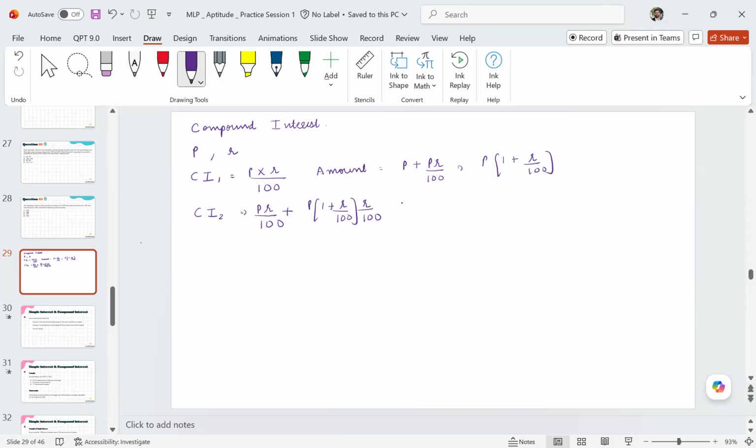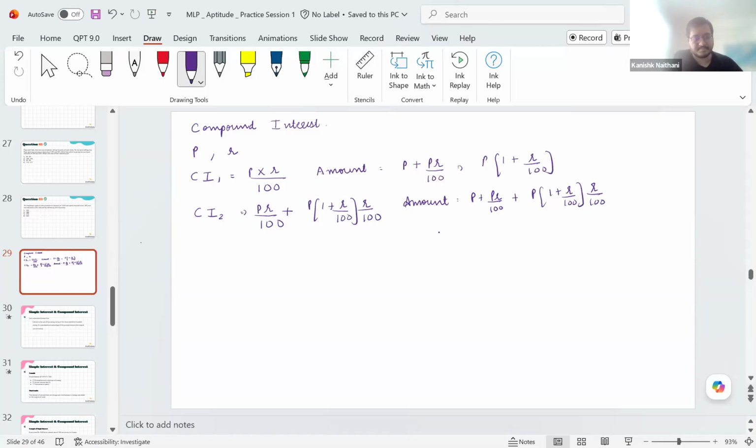And then what is going to be the amount? P plus PR upon 100 plus P times 1 plus R upon 100 multiplied by R upon 100. Is this clear? Simple, no? I have just added P to this value. If I'm calculating for 2 years, I'll calculate it like this only. In the first year it was this much, and in the second year I have to calculate on the amount, so R upon 100. Make sense? Yes, sir.